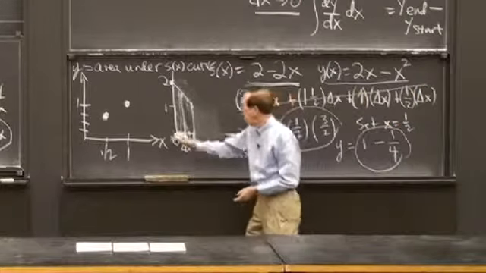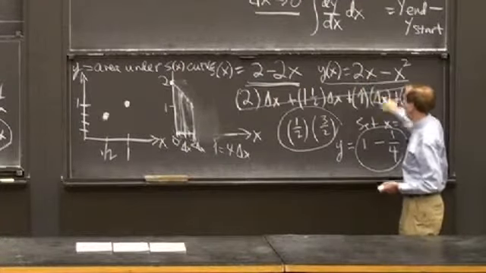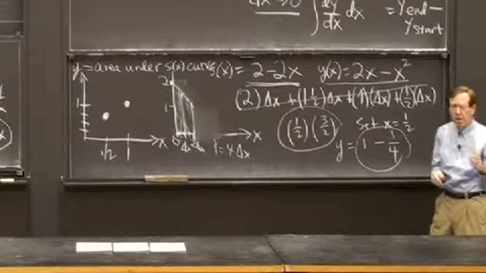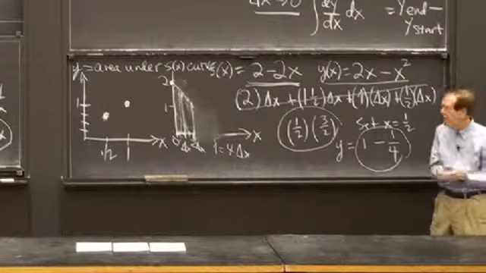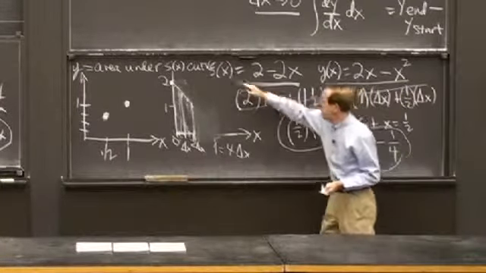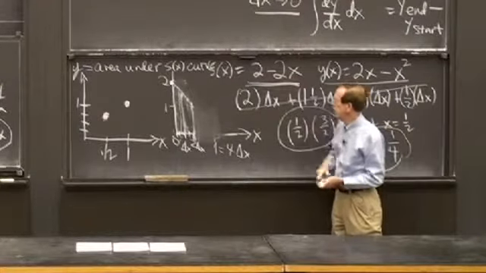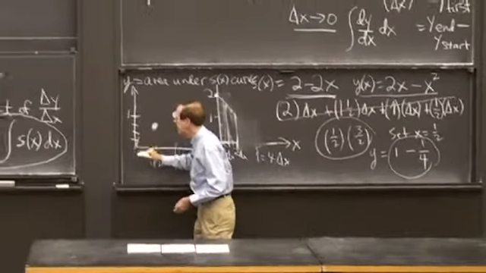So what does my graph look like? What does the graph of that look like? Its slope at the start, what's the slope at the start? The slope at the start is s at the start. And s at the start, when x is 0, the slope is 2. So it starts out with a slope of 2. But it's slowing down.